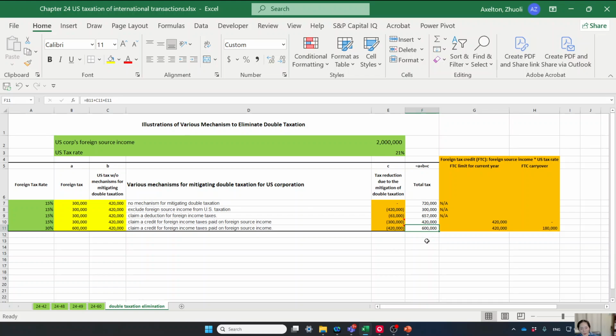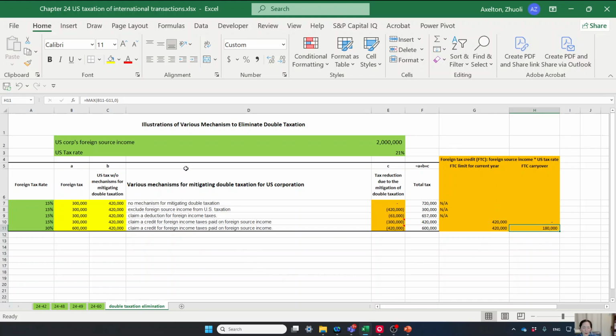Therefore, from a total perspective, when we look at the U.S. tax and foreign tax, after considering the mitigation of double taxation impact, the total tax will be 600,000. And for foreign tax credit purposes, the current year utilization will be 420, and any excess foreign tax credit will be carried over to future years.